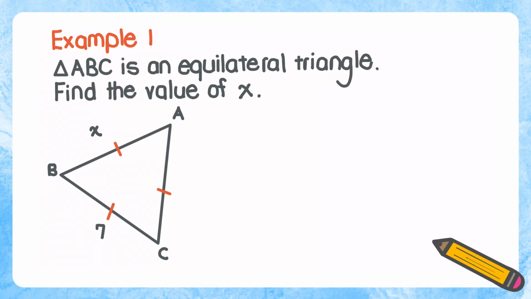Here's our first example. Triangle ABC is an equilateral triangle. Find the value of x. Since we know that this triangle is equilateral, we know that all three sides are congruent. We're going to focus on these two sides. We know that side AB is congruent to side CB.